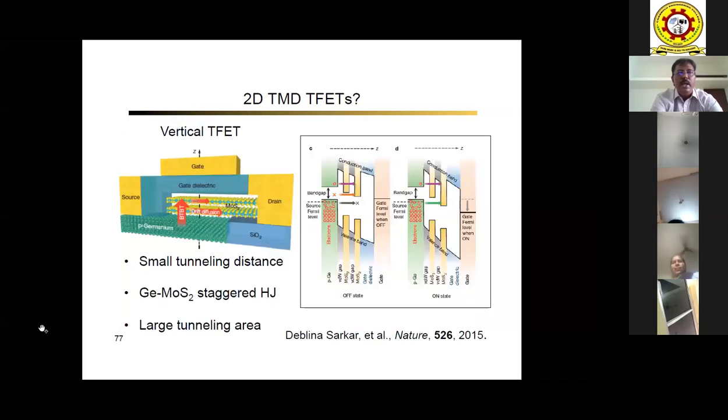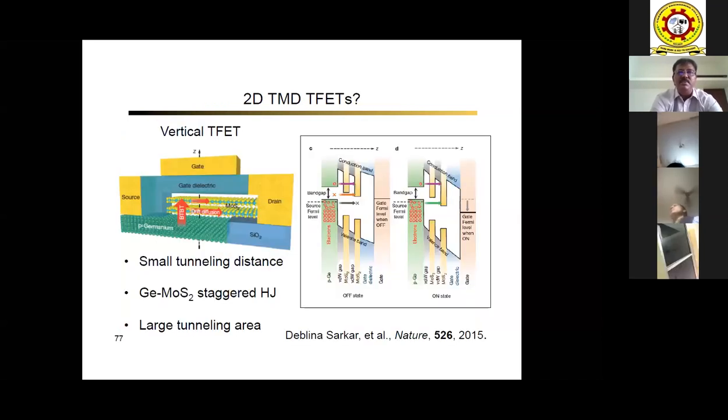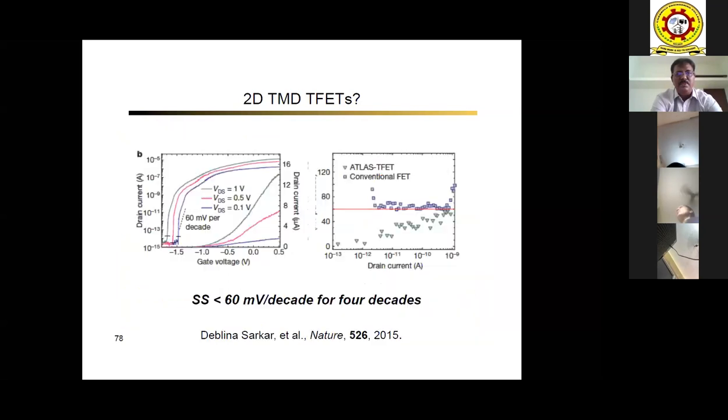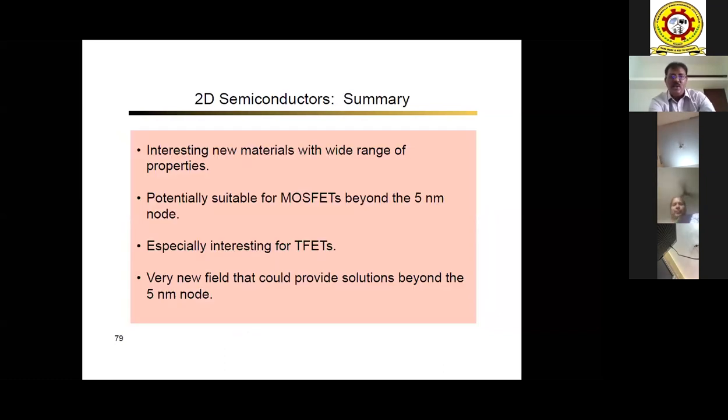Okay, so vertical TFETs, now we are looking into two-dimensional from TMDs. Is it possible? Research can progress into this line? It is one of the active areas now in research. And some Atlas-based simulation model results are shown. As I said, they are quite challenging candidates, promising candidates as well.